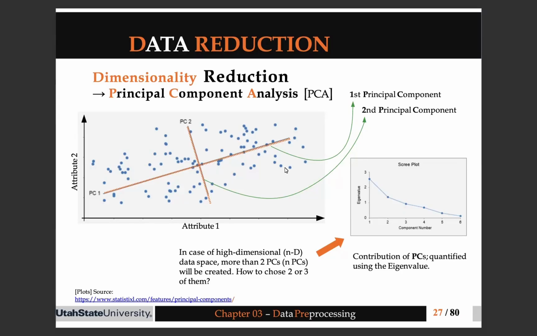So here, when I say information, I really mean the variance levels in your features. In other words, PCA will look for the directions in the data along which the data varies the most, and then you can re-express this data set using those directions.